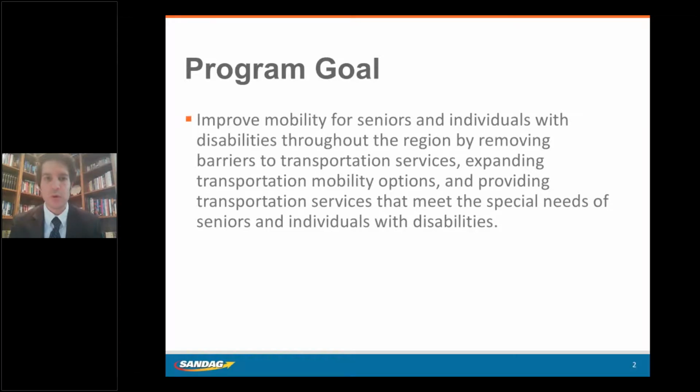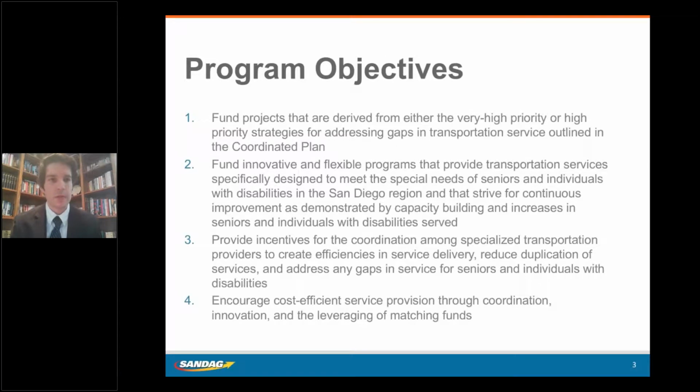The program goal is to, quote, improve mobility for seniors and individuals with disabilities throughout the region by removing barriers to transportation services, expanding transportation mobility options, and providing transportation services that meet the special needs of seniors and individuals with disabilities. Staff does not propose any changes to this program goal or objectives on the next slide. Next slide, please. Thank you.